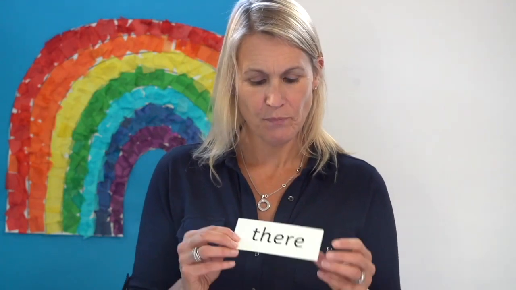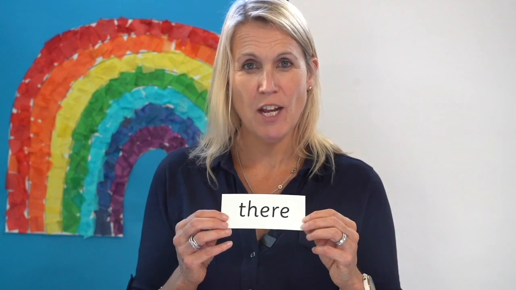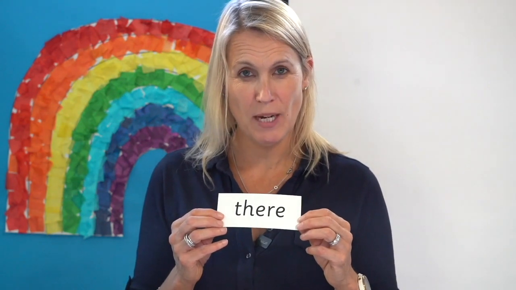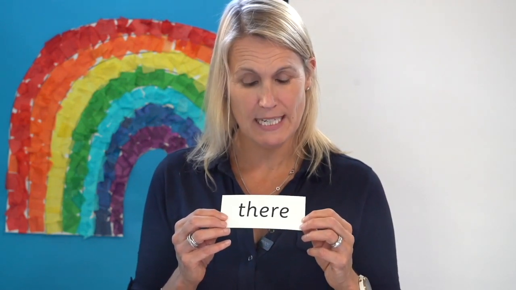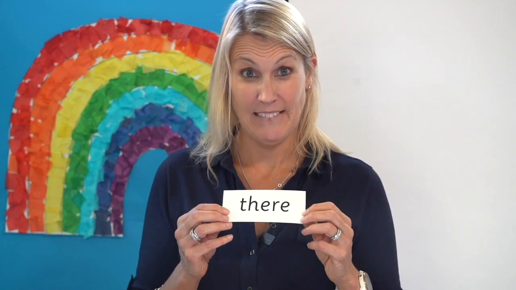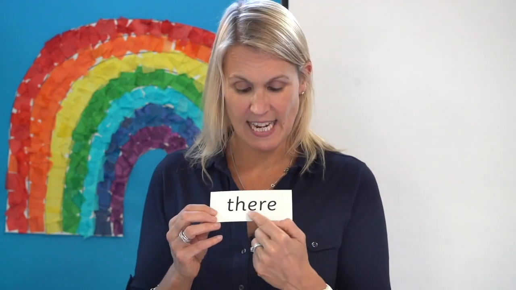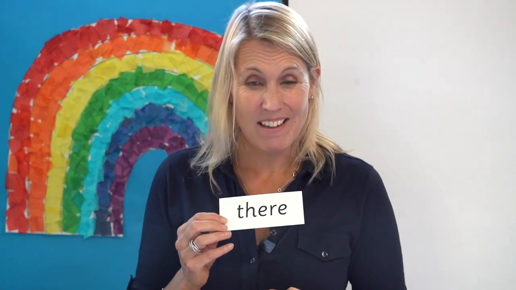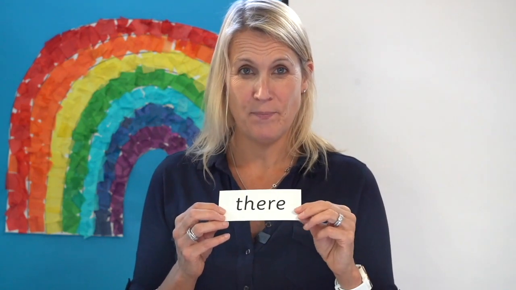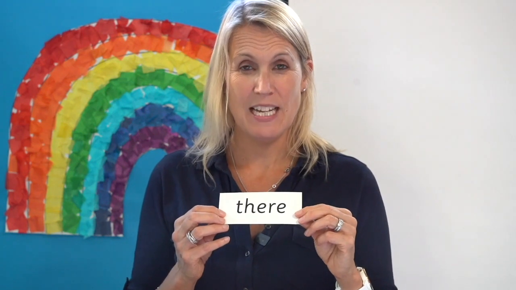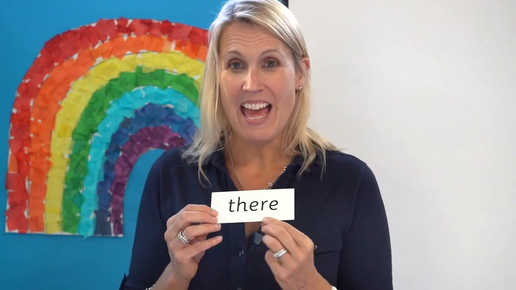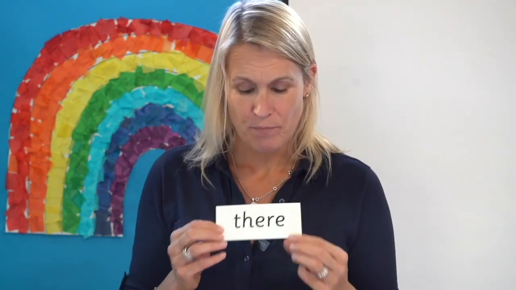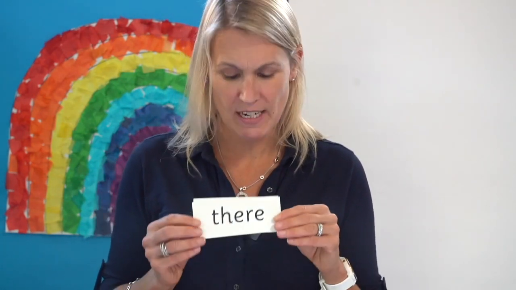Were. Let's try another one. Have a look at this one. You know how to read this tricky word too. Can you remember the tricky bit? You're right. Yes, it's here again. And here it says air. Can you read the word? Let's read it together. Air, there. Now I'm going to mix them up. I want you to read them quickly. Are you ready? Go.